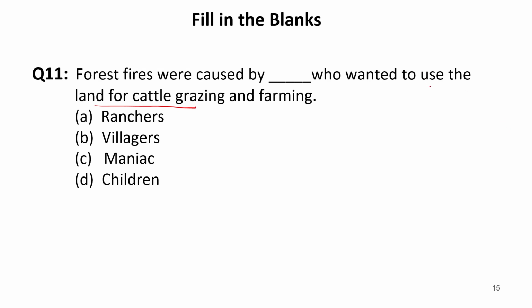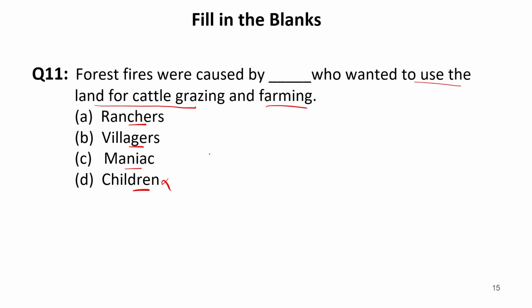One who wants to use the land for cattle grazing and farming. Now look at the words ranchers, villagers, maniac, children. Now children are not possibly going to do this because children do not do cattle grazing and farming.